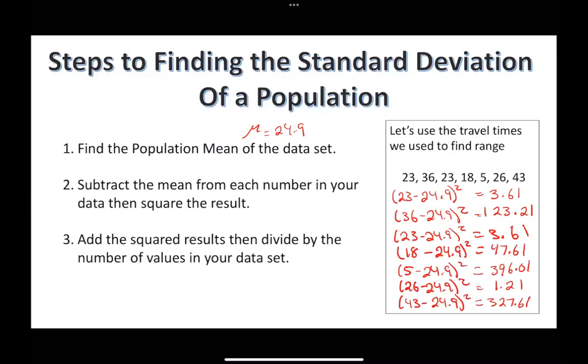47.61. Hope I got it right. I got 902.87. I'm going to divide by 7. Please let me know if you got a different number, if you're doing it along with me.